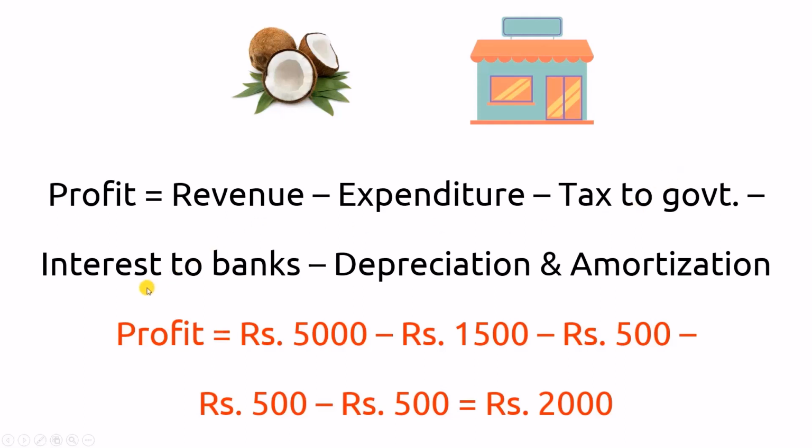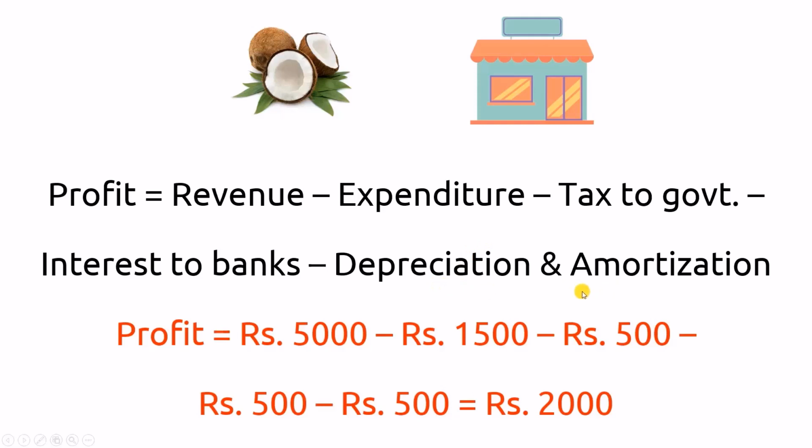Next, you have taken a loan from banks, correct? And an interest is levied upon it. So, you need to pay the interest to the banks, and that is paid from the revenue too. Next, we have depreciation and amortization. Now, do not worry much about this. If you have any machineries, all those costs are divided and categorized under depreciation and amortization.